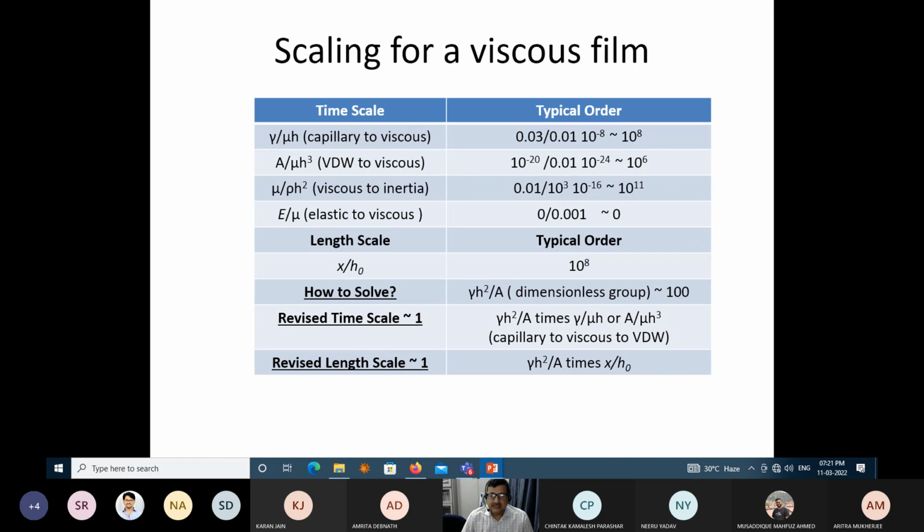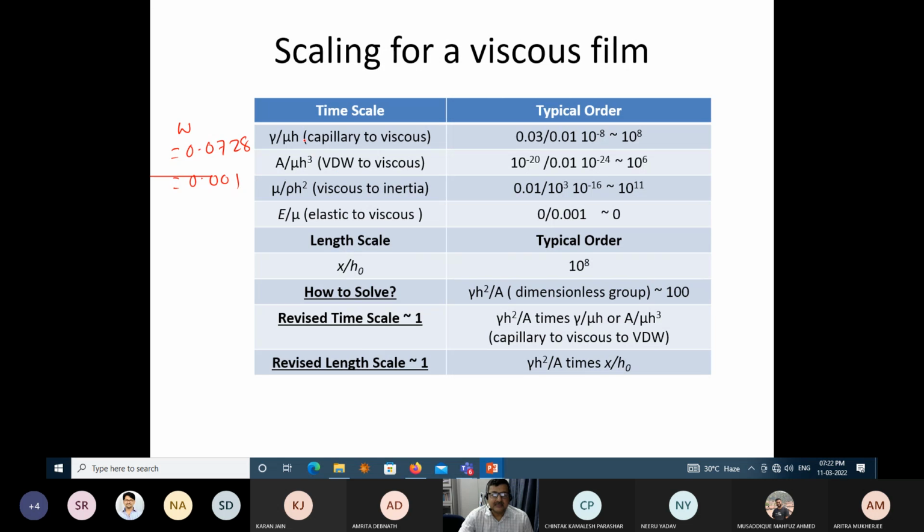Say suppose I am looking at a water-based system, right? What is my surface tension? It is 0.0728, right? What is the viscosity of water? 0.001, right?